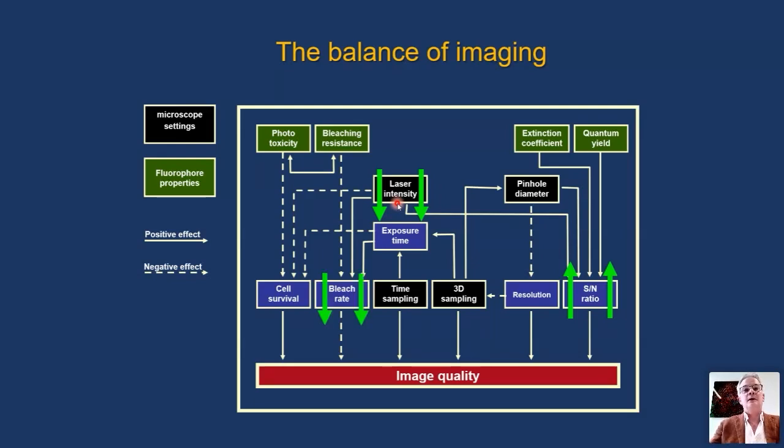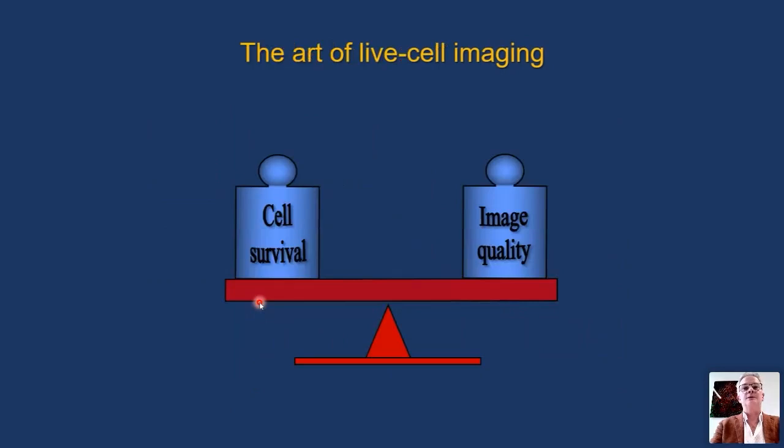And then that means that I get less photo bleaching and a better cell survival. So that's why sensitivity, signal-to-noise ratio, and cell survival are connected. So it is possible to get a good cell survival and a good signal-to-noise ratio, imaging quality.